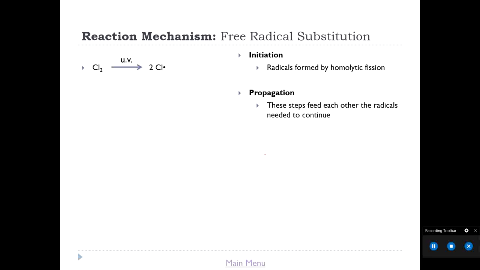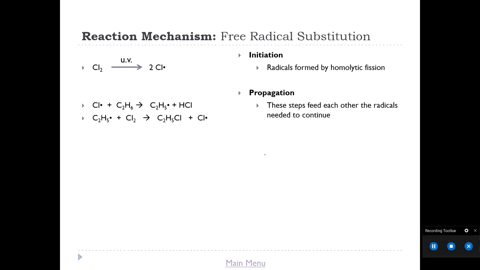Secondly, we have propagation. This is where a radical starts to make more radicals. These steps feed each other and the radicals continue. Let's say we're using ethane as an example. A chlorine reacts with ethane, and in the process makes a C2H5 radical, an ethyl radical, and HCl.